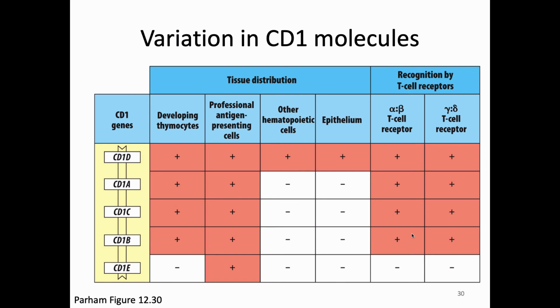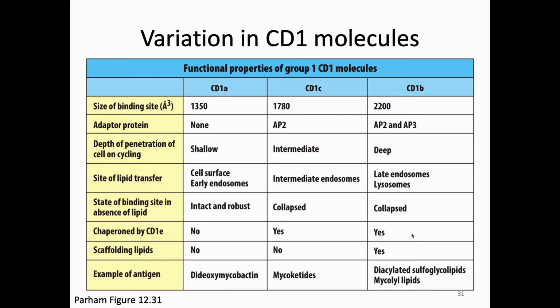The things that we do seem to know are that there seem to be differences in terms of which cells have them. So CD1D seems to be everywhere. The others might be restricted to specific cell types. The other thing that is interesting is that they typically seem to pick up lipids in different parts of the cell.